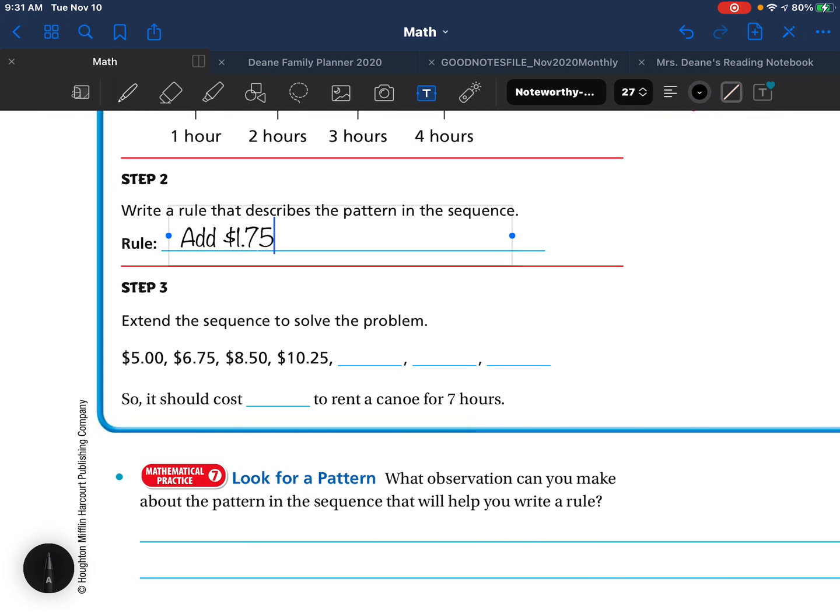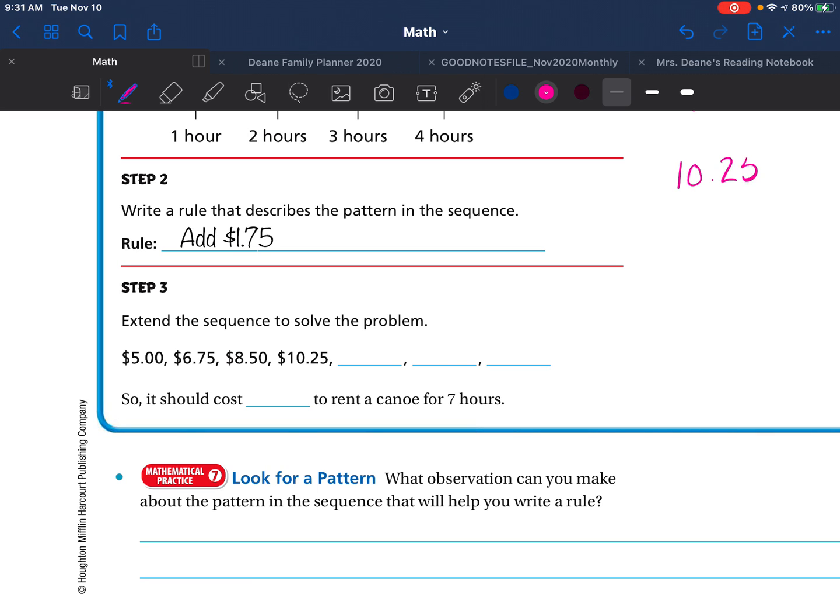For step 3, it says extend the sequence to solve the problem. So if you remember, they wanted to know how much it would cost to rent the canoe for 7 hours. So in order for us to figure that out, we're going to have to extend our sequence by 3 more numbers. So we ended in $10.25.